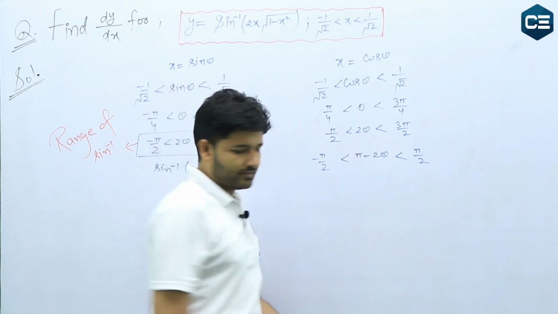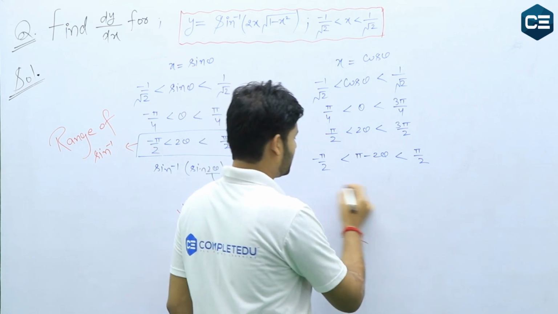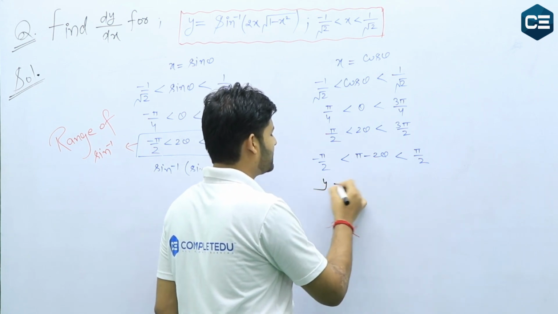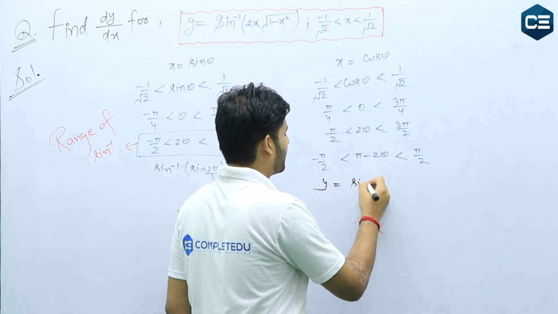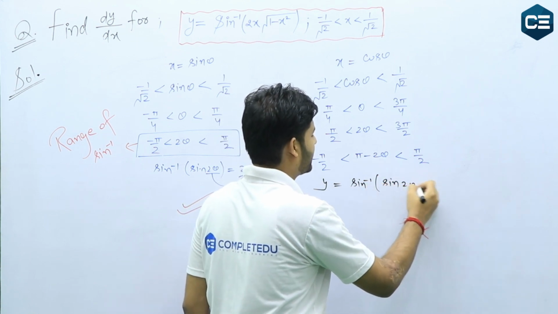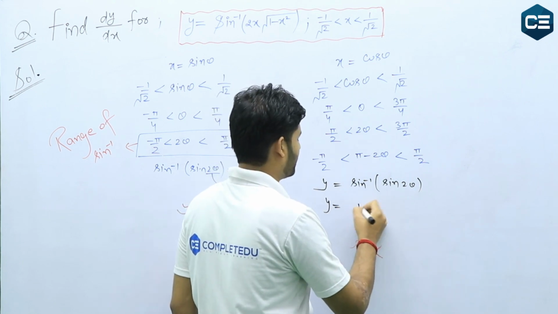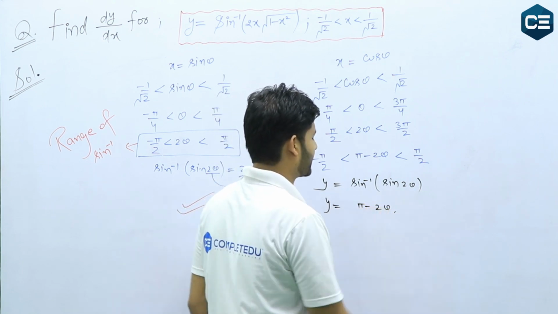So back to our question, where we made the mistake. I'm going to correct this. We were on y equals sine inverse of sine 2 theta. We get y equals pi minus 2 theta.